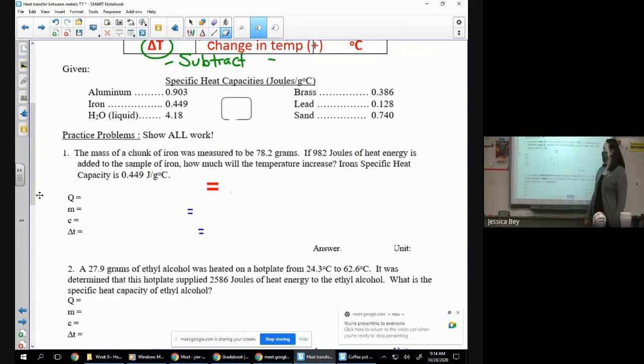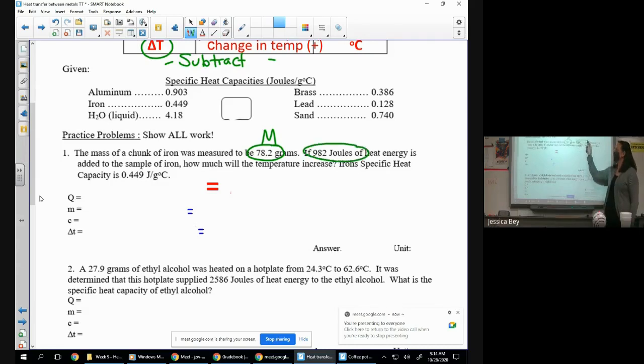Number 1 says the mass of a chunk of iron was measured to be 78.2 grams. That's M. If 982 joules of heat energy, that's Q, is added to the sample of iron, how much will the temperature increase? So that's delta T. That's my question mark.